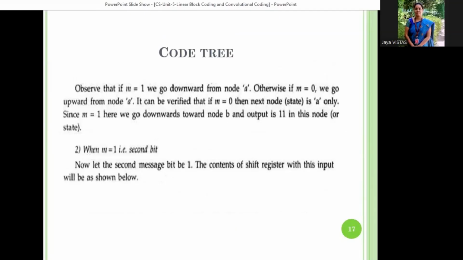In the next shift, M1 is the first bit, and the second bit is also 1. Initially we saw the message sequence is 1, 1, 0. So the first 1 came already, then the second one comes to the operation. Here the second bit is 1, the contents of the shift register with this input.